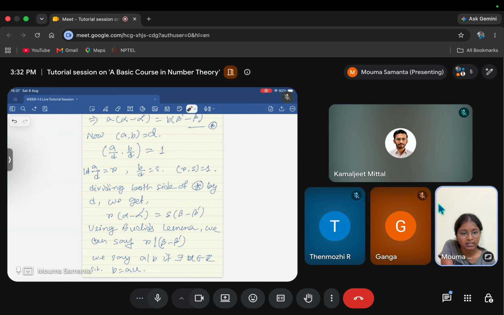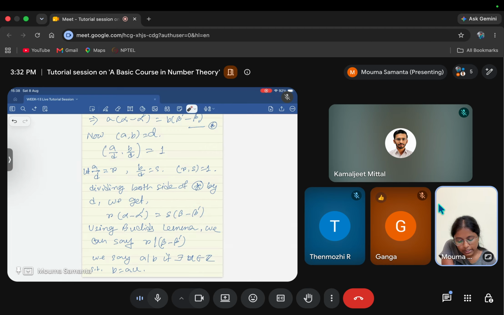R times something equals to this term, that means R is dividing this whole term. Do you get it? We are saying from this expression, since R times some integer equals to S times this, therefore we can say R is dividing this whole term. In other words, take this as a whole integer, and R times this is equal to S times this integer.